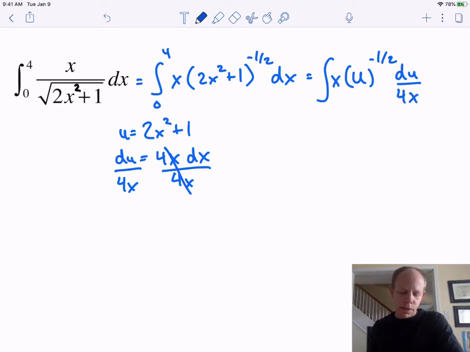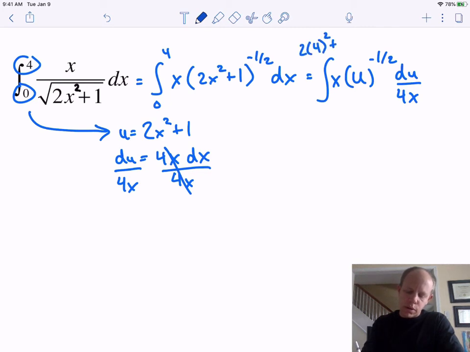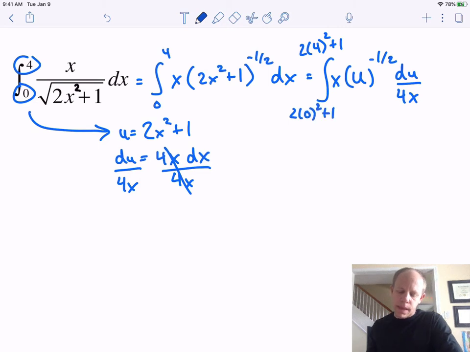And take a look at those limits of integration. It was 0 to 4, but now we're going to plug that in here and put them as u values. So this is going to be 2 times 4 squared plus 1 and 2 times 0 squared plus 1. And by plugging it in here, we don't have to back substitute for x at the end. All right, so let's keep going here.